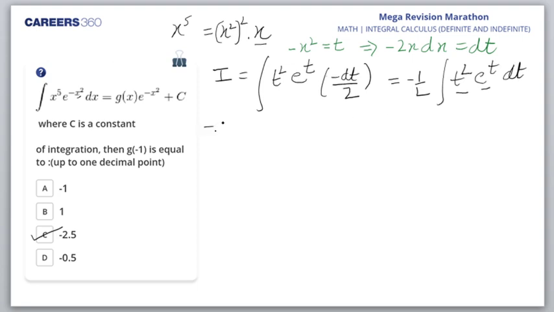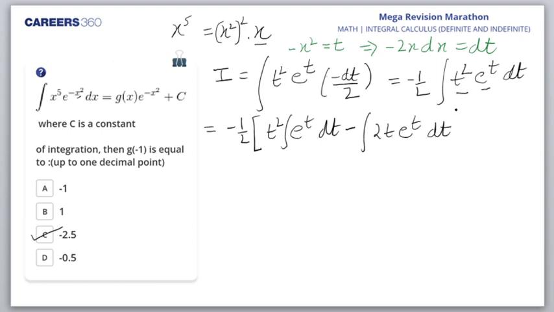So I'll write it as minus half t square e^t, minus the integral of the derivative of t square, that is 2t, times the integral of e raised to power t, that is e raised to power t itself, plus t. Isn't that right, students?